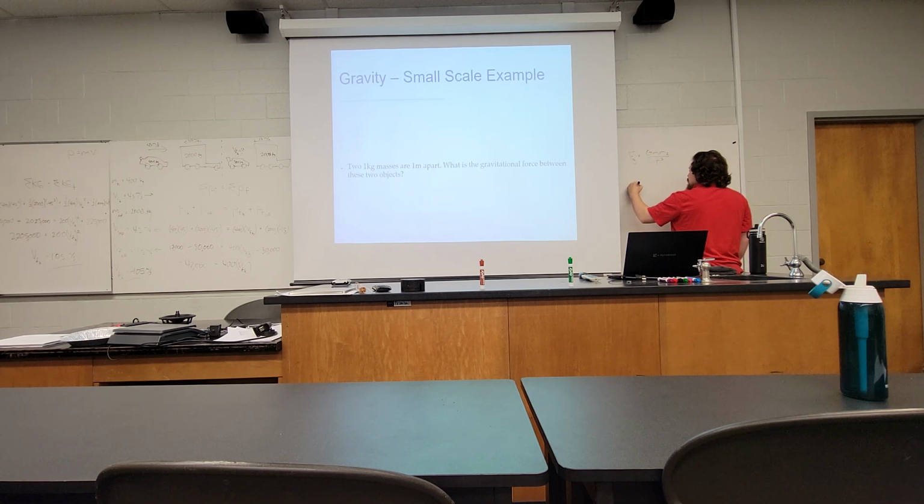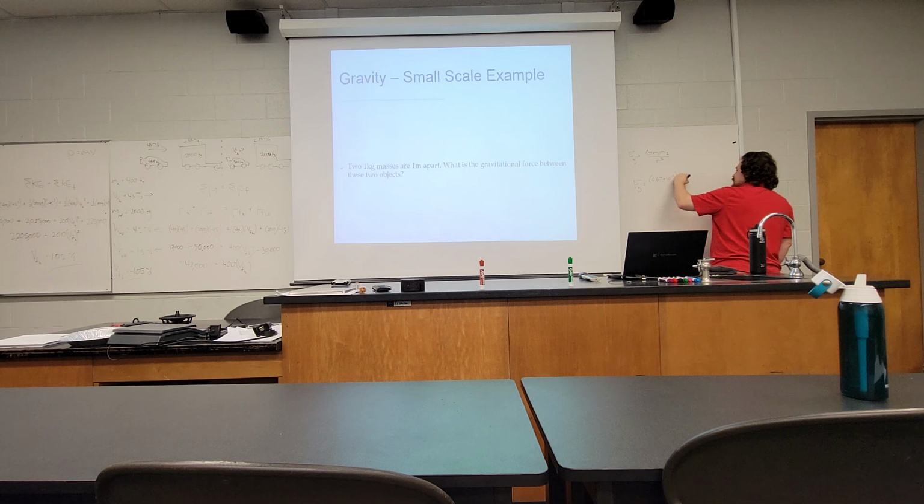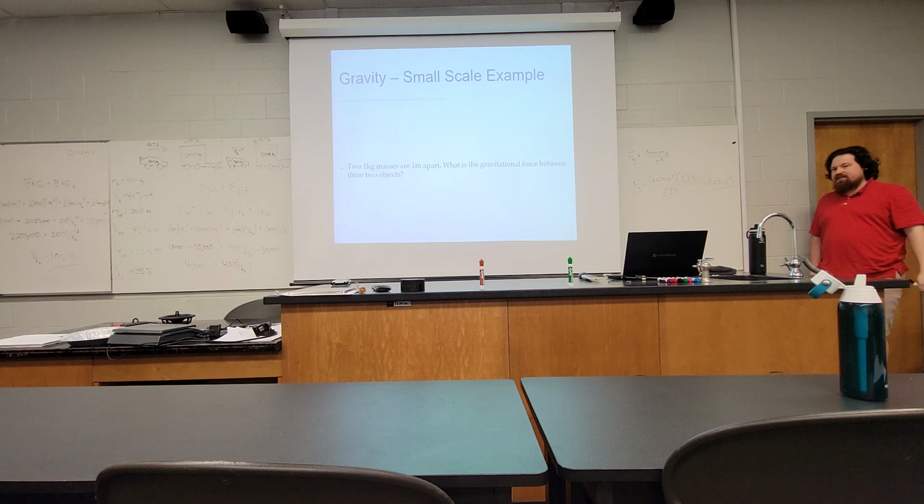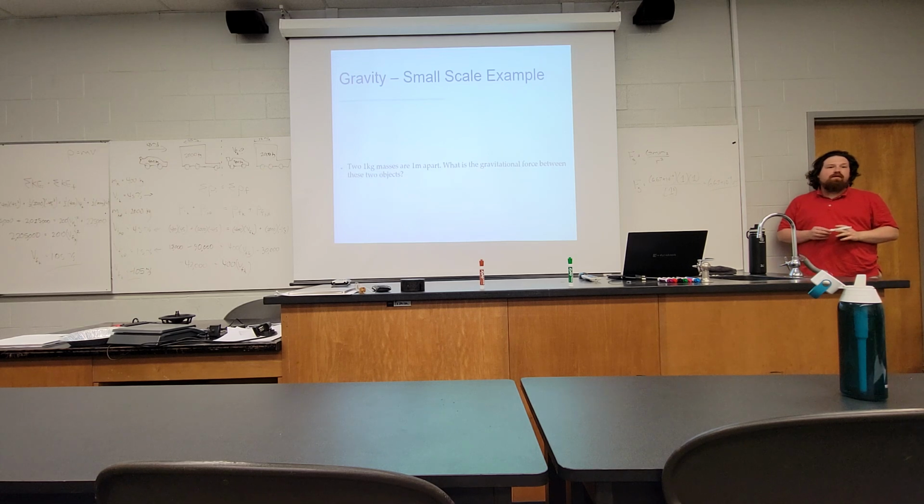So for these two objects, big G is 6.67 times 10 to the negative 11th. The masses are each 1 kilogram, and I have placed them 1 meter apart. I used ones on purpose. And since I used ones on purpose, the answer comes out to be 6.6 repeating times 10 to the negative 11th newtons.